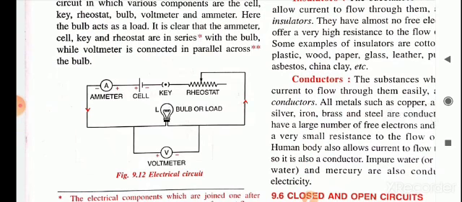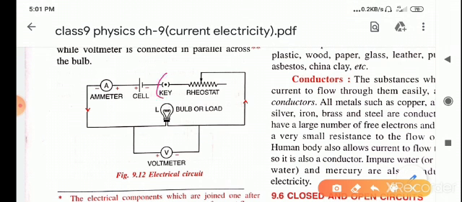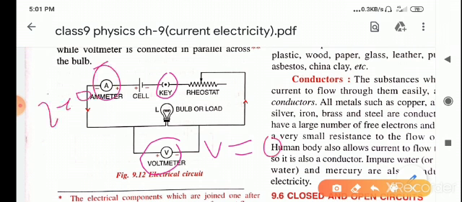Listen, children, the key is not closed, therefore the bulb will not glow, and the voltmeter, that is potential, will be 0. V equal to 0 and I equal to 0. So current I equal to 0, V equal to 0, so resistance will be 0 upon 0, right?